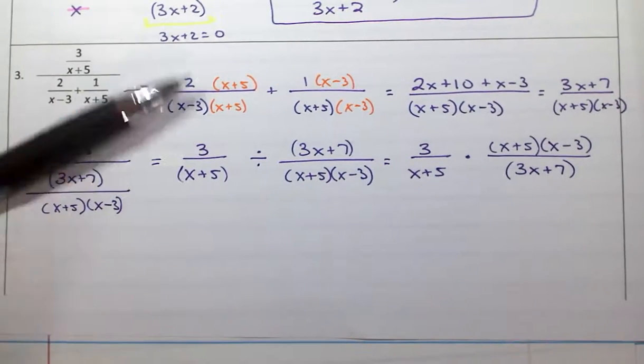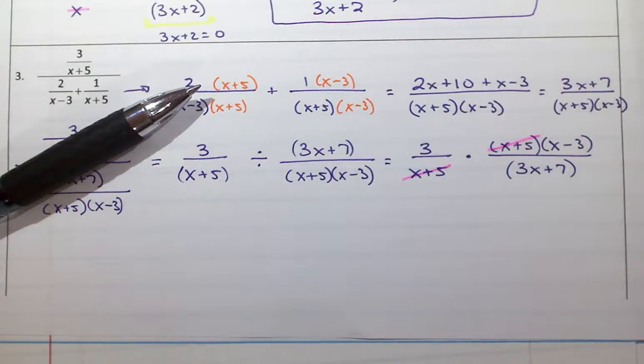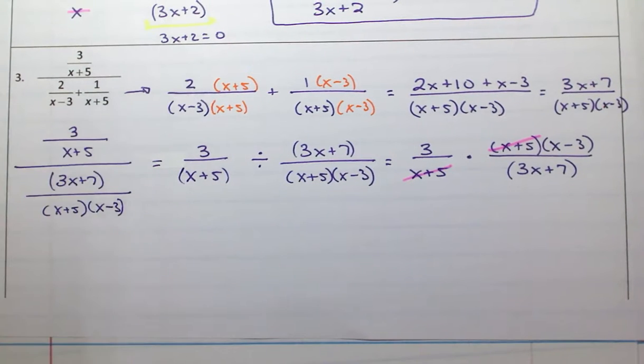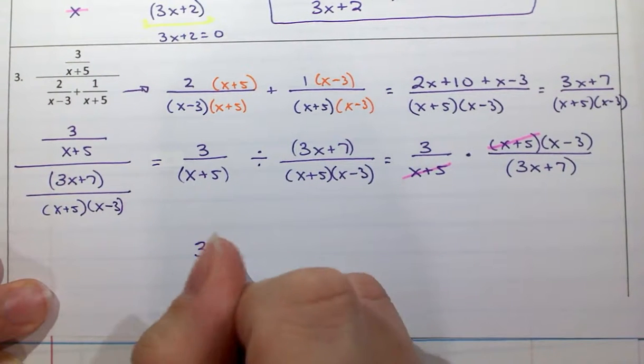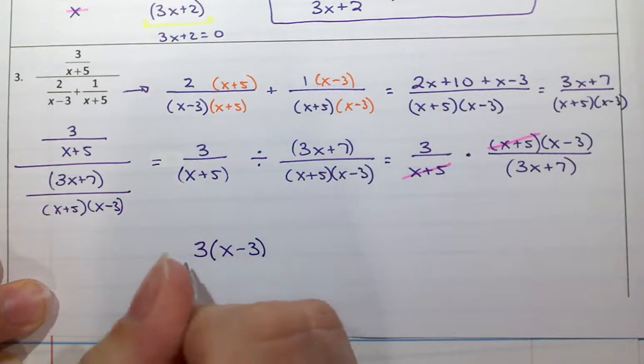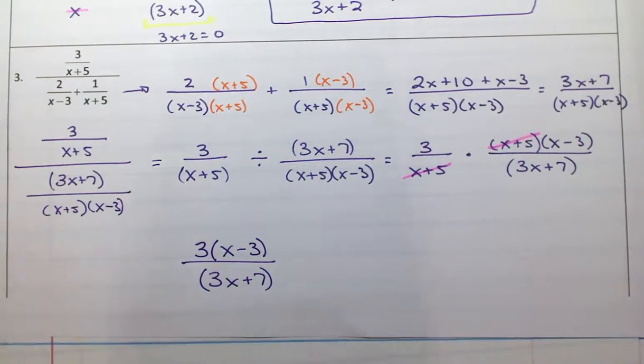And then again, we're going to look and see, is there anything in common? And look at that, x plus 5 and x plus 5 will cancel out. And we're left with, on top, 3 times x minus 3 over 3x plus 7. You do not have to multiply it out, and please do not divide these 3's.